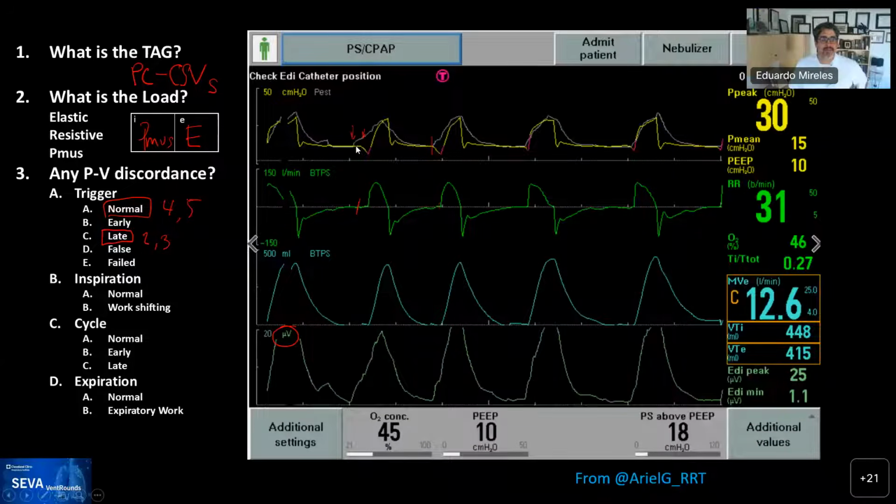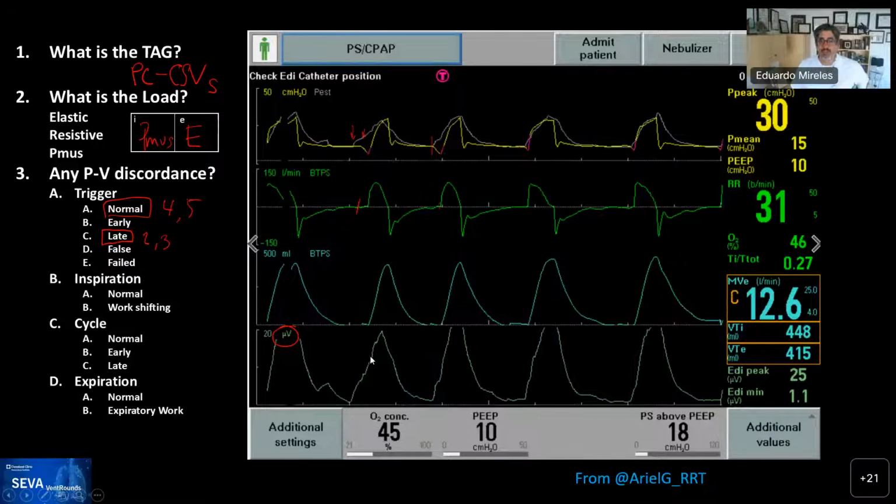Right. Yeah, absolutely. Yes. Okay, all righty. So we agree with the normal and the late, and for everybody, this is the estimated pressure from the EDI.